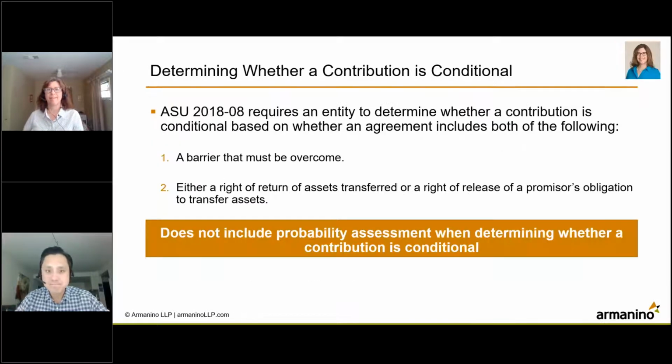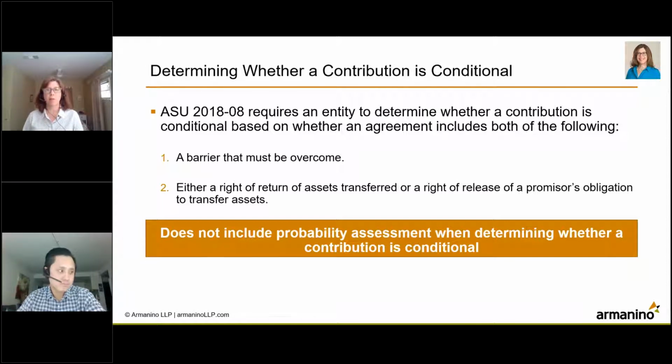Great. All right. So let's dive into what makes a contribution conditional under the new standard. And it sounds like our audience has a decent understanding of this perhaps already. So 68% of you did respond that it was conditional. The new standard says that a contribution is conditional when both of the following things exist.